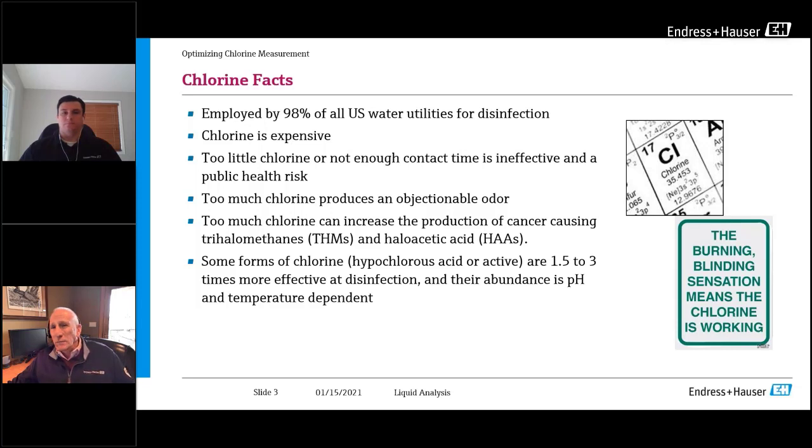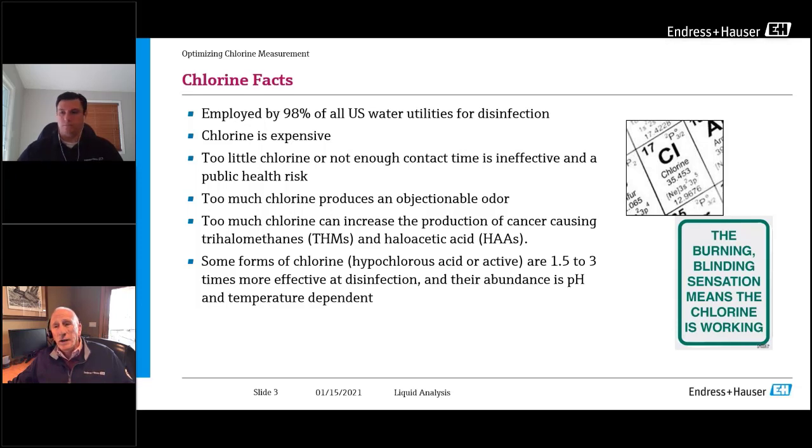Too little chlorine and not enough contact time, you've got a health risk. You aren't destroying the bacteria enough, so you've got to make sure you're putting adequate amounts of chlorine into the water system. We certainly don't want to be putting chlorine in and finding out we're not putting in enough, because then we just haven't succeeded in making that water safe to consume.